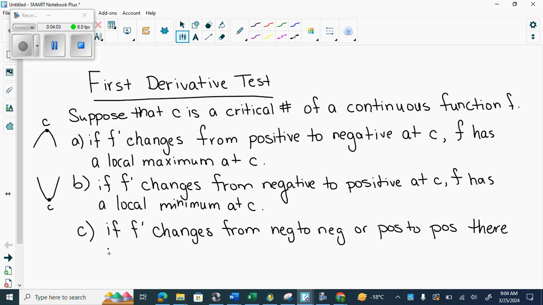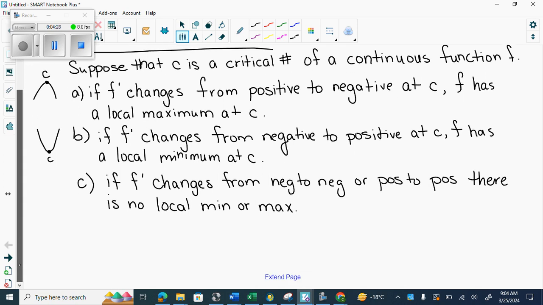So it's talking about max and mins. So that's the first derivative test. So we're going to use that first derivative test.